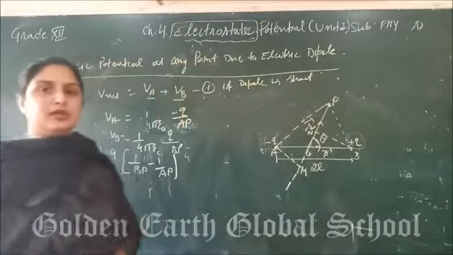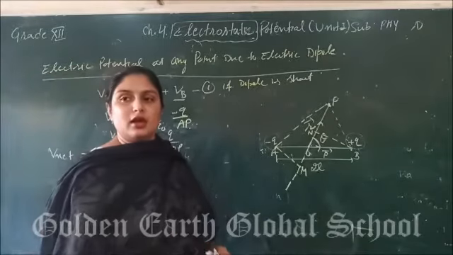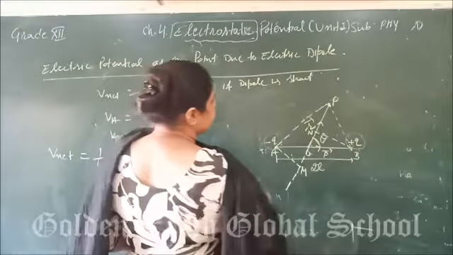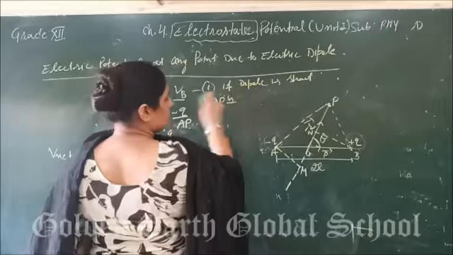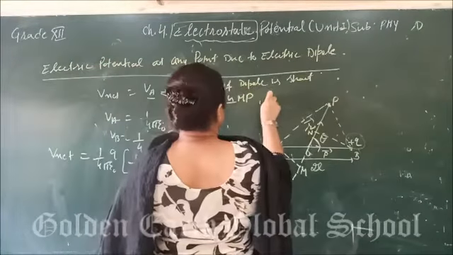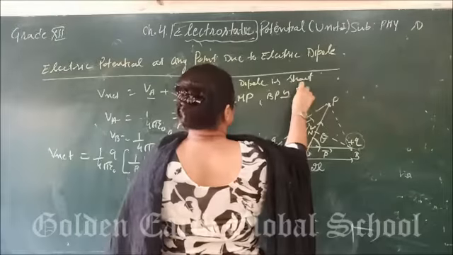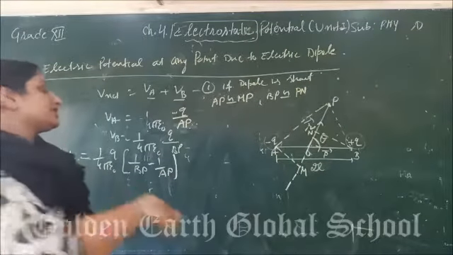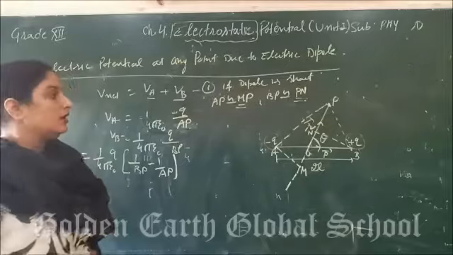Short dipole means the length of the dipole is very small as compared to the distance of observation. In that case, you can write here AP will be approximately equal to MP and BP will be approximately equal to PN or MP. Now our task is to calculate MP and PN.